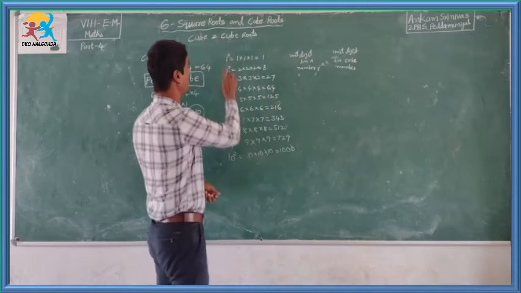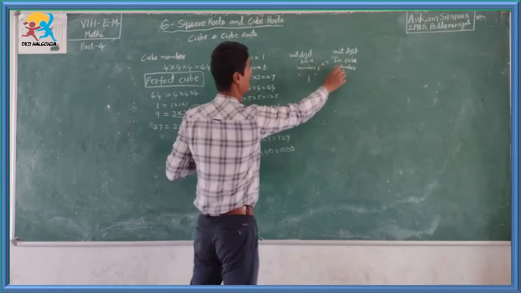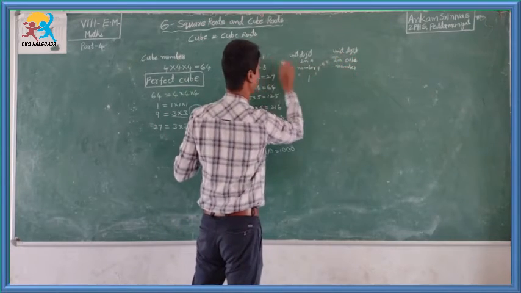If the unit digit of a number is 1, the unit digit of its cube is also 1.